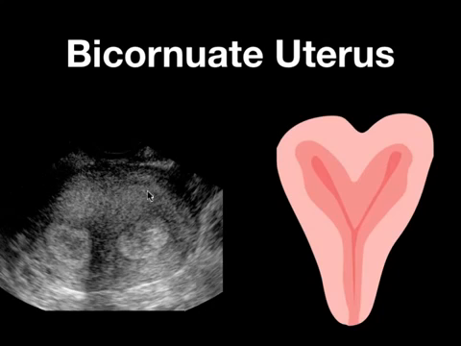You can see here's myometrium, and here's myometrium. So you've got the right horn and the left horn here. This is a patient with a bicornuate uterus. So in a patient with a bicornuate uterus, you can see why the pregnancy could have an asymmetric appearance in terms of its location.